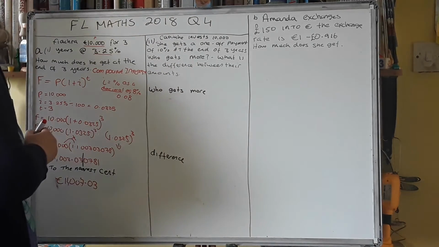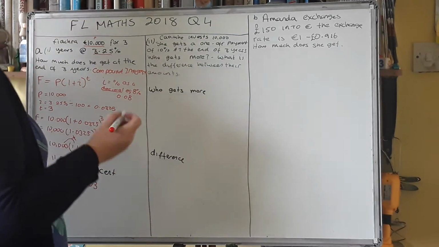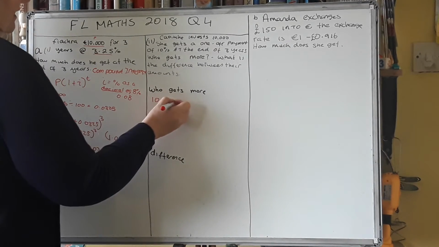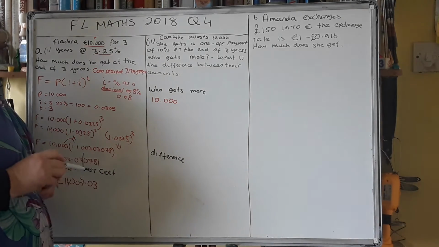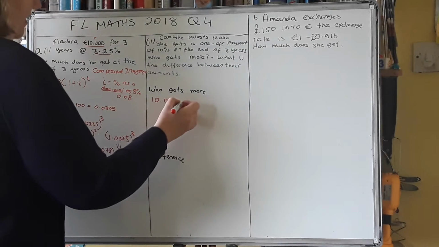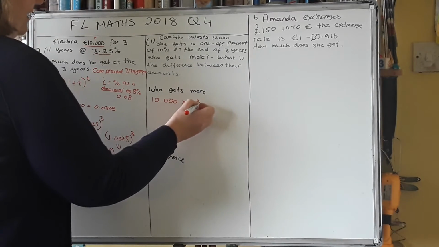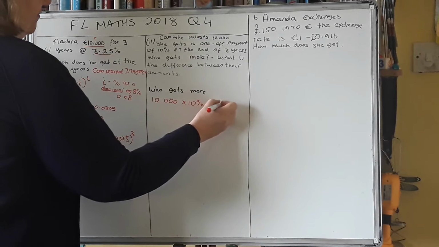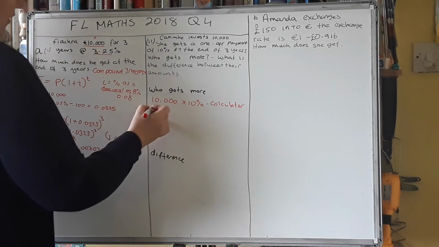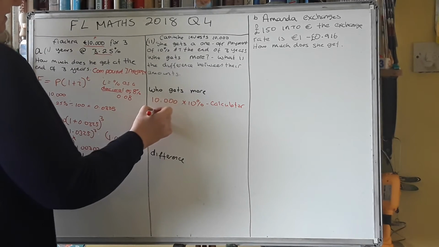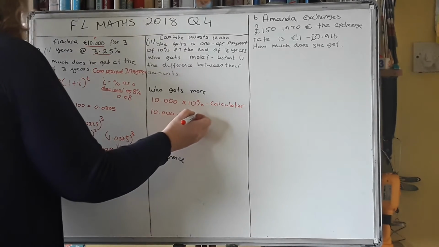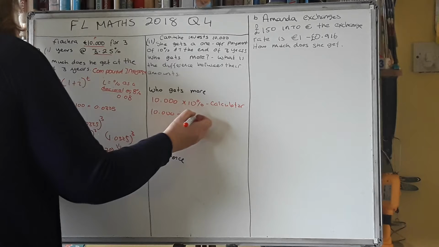All right, well, let's find out who gets more first. She's just getting 10% of 10,000. In your calculator, you can put in 10,000 and multiply it by 10%. That will give you your answer straight off. Otherwise, getting 10% of that is 10,000 divided by 100 first, and then multiplied by 10.